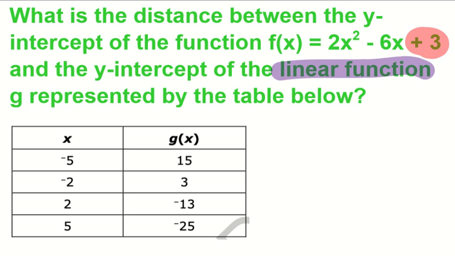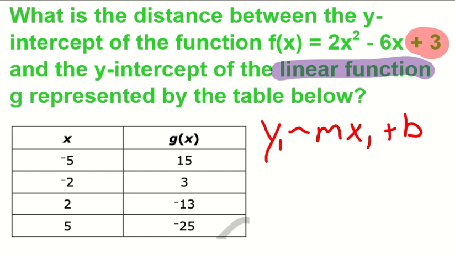So since it's a linear function, if you put that table on Desmos, what you'll have to do is y1 with a little squiggle line, mx1 plus b. That's how you get a linear function from a table on Desmos.